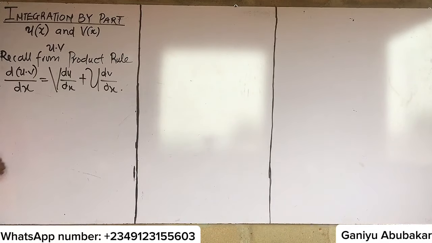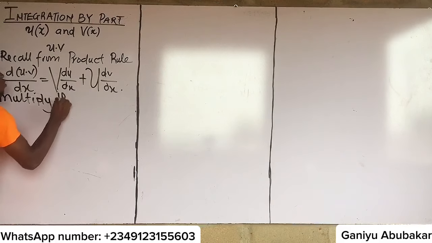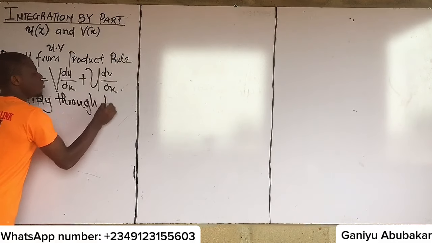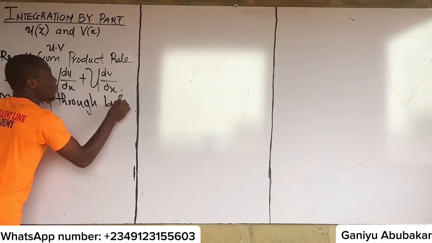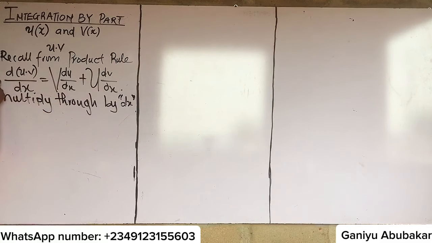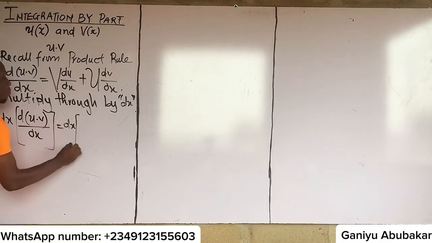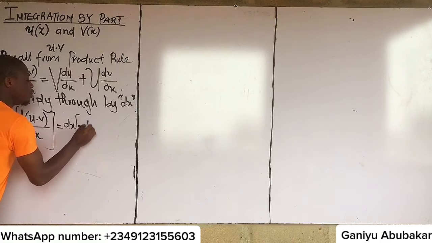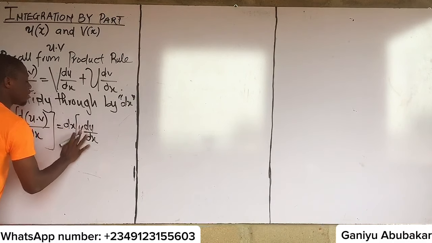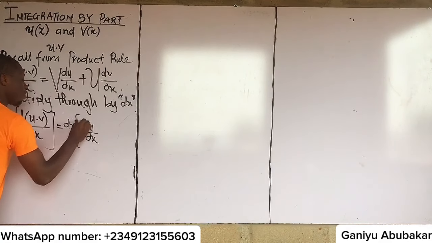At this point, multiply through by dx. It means that I'll have dx multiplied by d of u dot v all over dx, equal to dx multiplied by v du over dx, right?